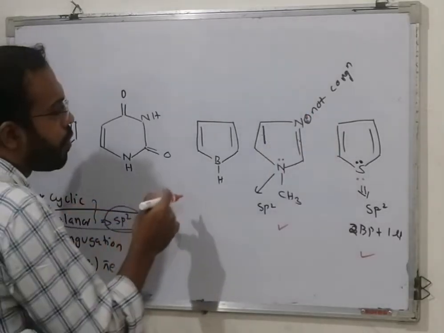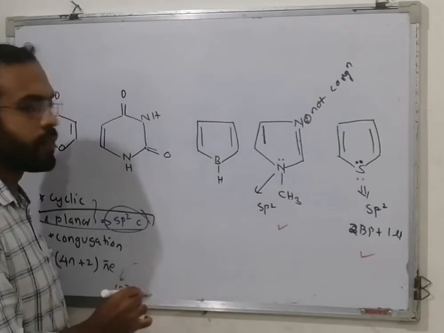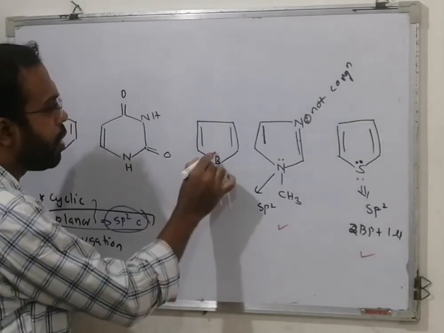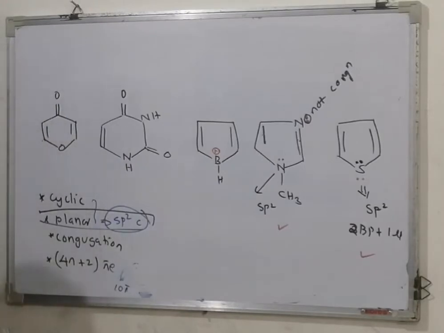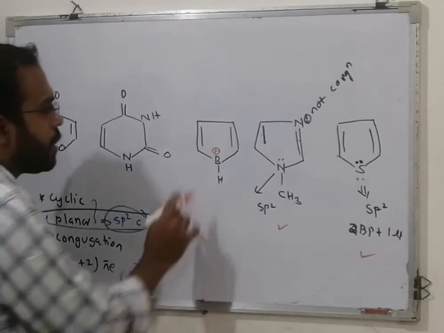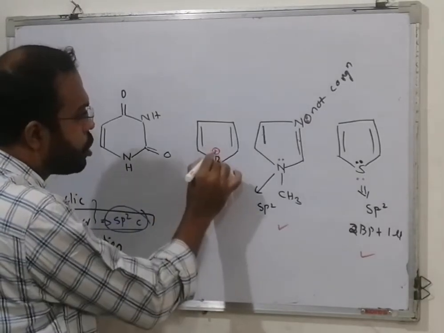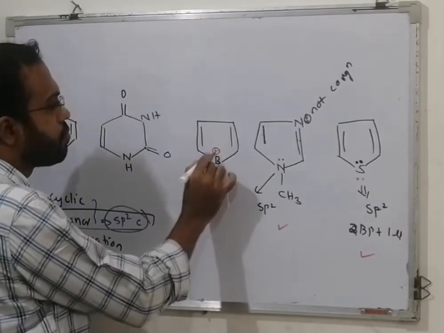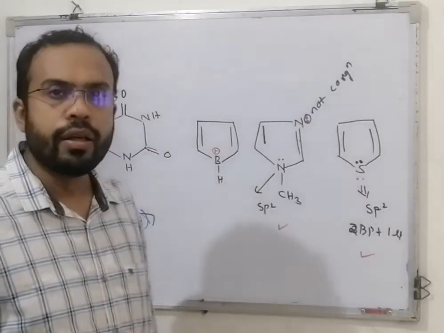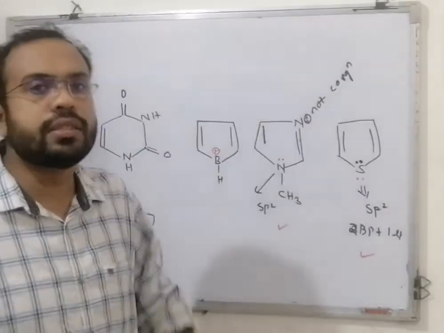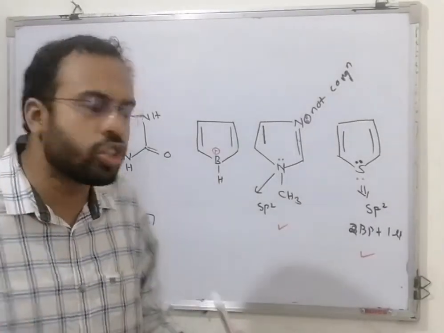Now, this is a boron. Boron, here an empty orbital or a positive charge. Yes, very careful. This is part of the conjugation. This boron has an empty orbital. Because of that empty orbital, you can imagine there is a positive charge.